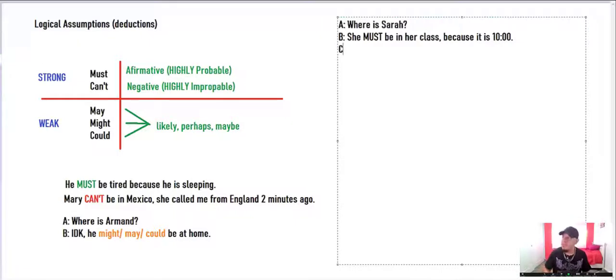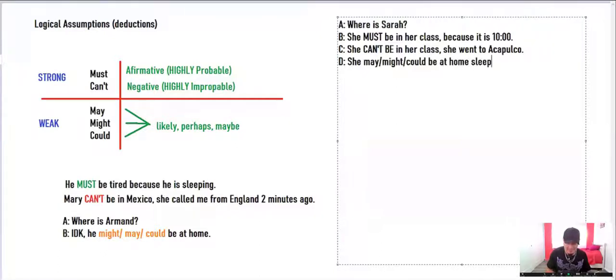But then person C says, she can't be in her class. She went to Acapulco on holidays. Then person D says, she may or might or could be, I don't know, at home, sleeping.